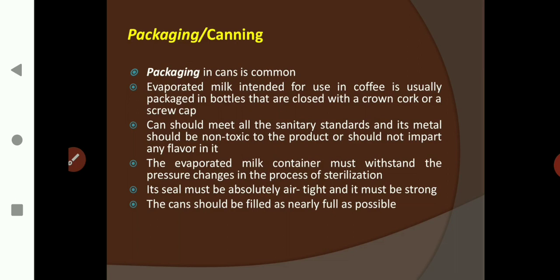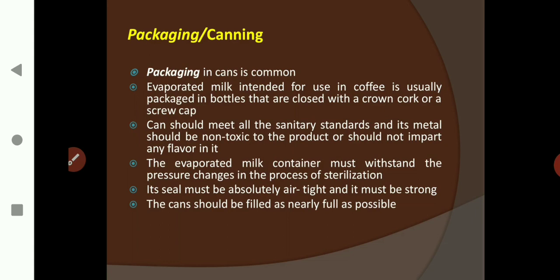Normally packing, you can call it canning also. Packaging in cans is common, but some manufacturers, especially for evaporated milk intended for use in coffee, usually pack in glass bottles that are closed with a crown cork or a screw cap. The can should meet all sanitary standards.